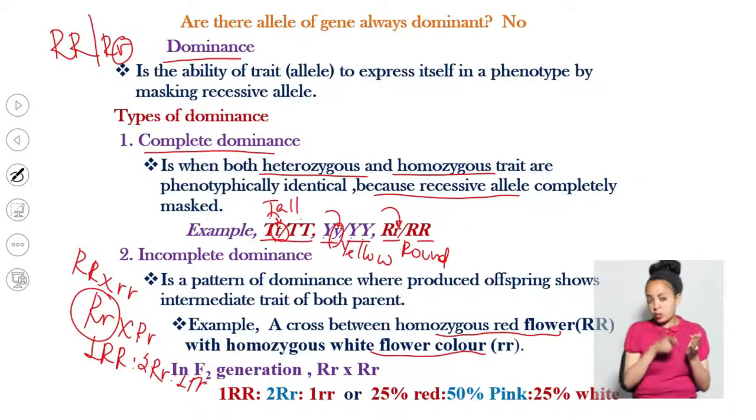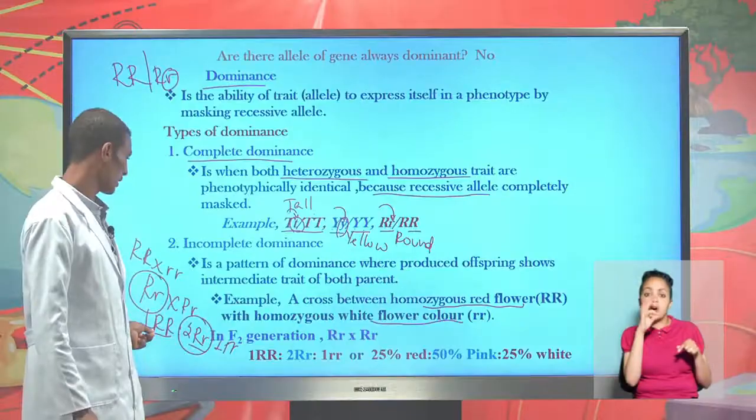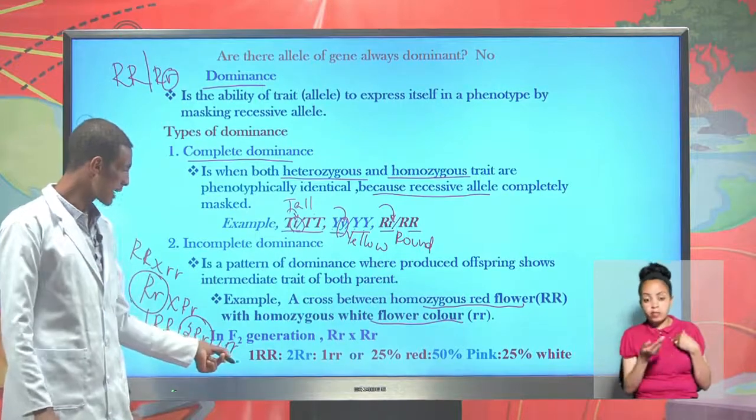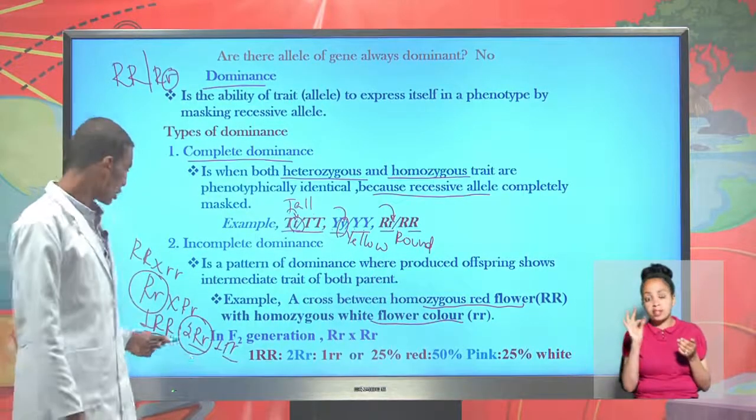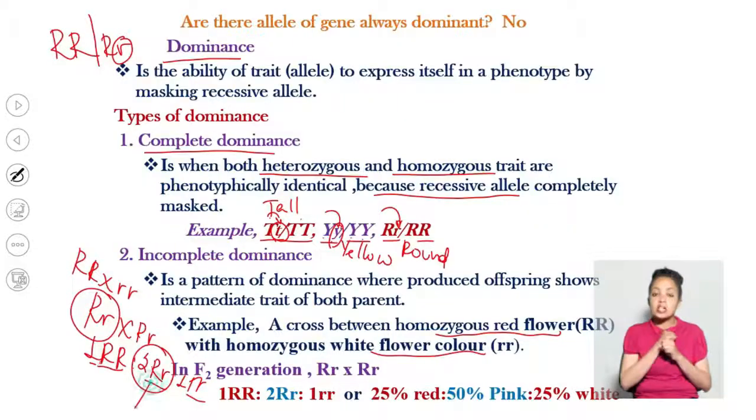During complete dominance, the character of homozygous R and heterozygous R can be phenotypically identical. But here, in this intermediate character, the parental genotype is called red here, and this one is white here. This shows an intermediate character of the dominant and the recessive, a pink color.